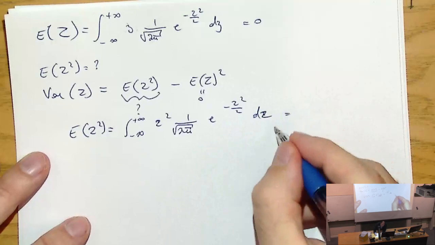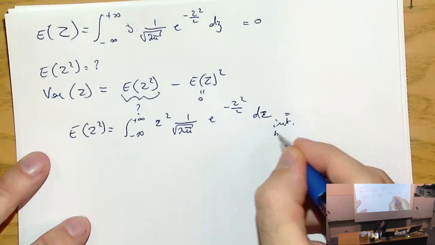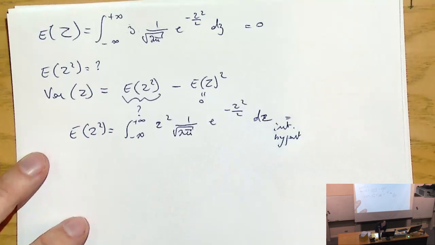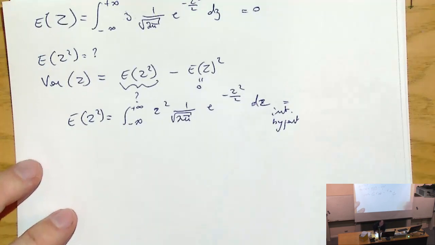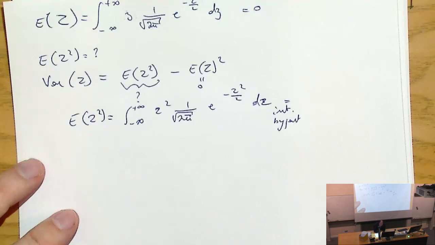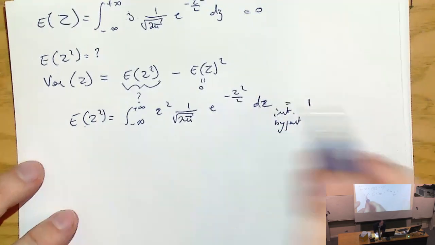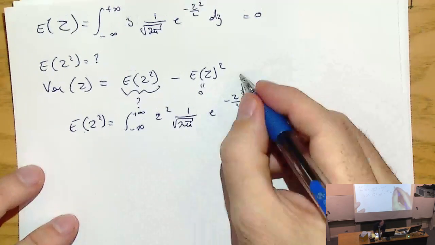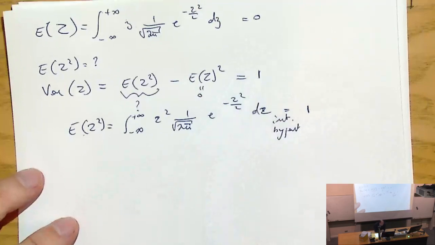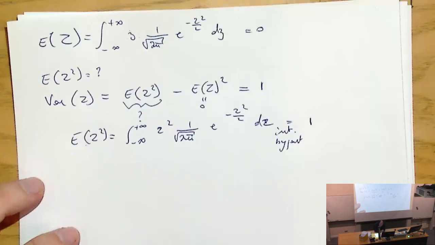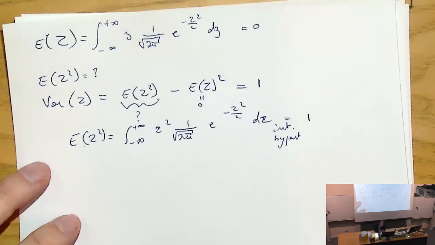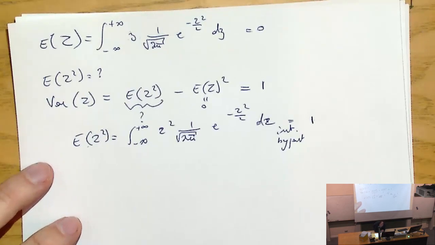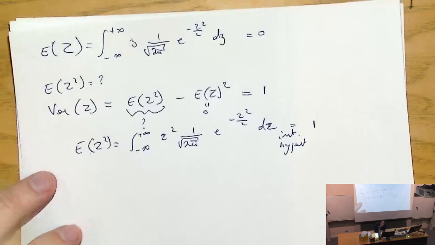You can do this using integration by parts. You can do this at home again. There is no major difficulty, it's just classical integration by parts. What you get is that the expectation of Z squared is equal to 1, and so the variance of Z is indeed equal to 1. So this can be shown simply by computing this expectation using integration by parts.